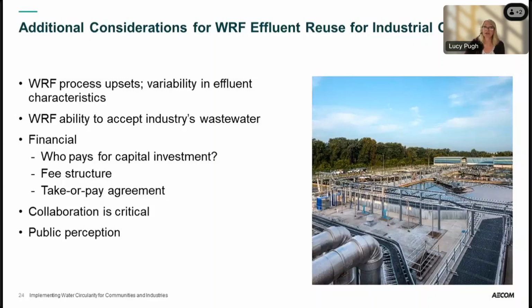So the industry may see increased concentrations of nitrogen or phosphorus in the water that they're using, and how does that impact their operations and also their wastewater discharge. If the reclamation facility can accept the industry's wastewater back, that's a nice situation because now the industry doesn't have to be concerned about discharging something that maybe they don't add to the water because it was sourced from the reclamation facility in the first place.